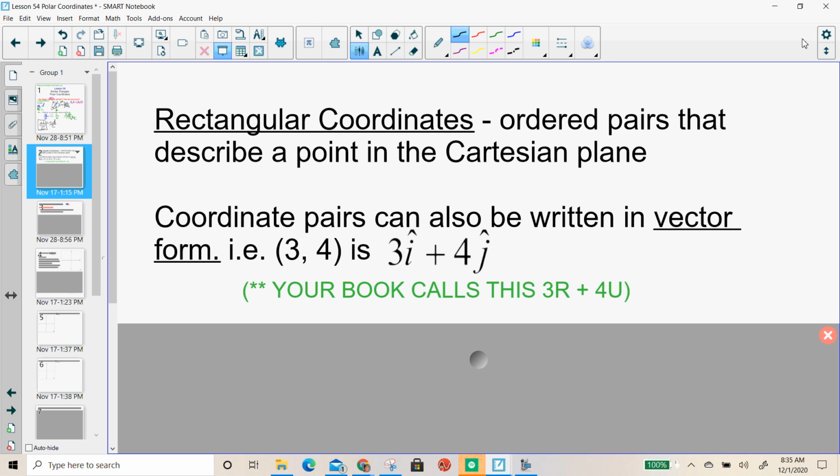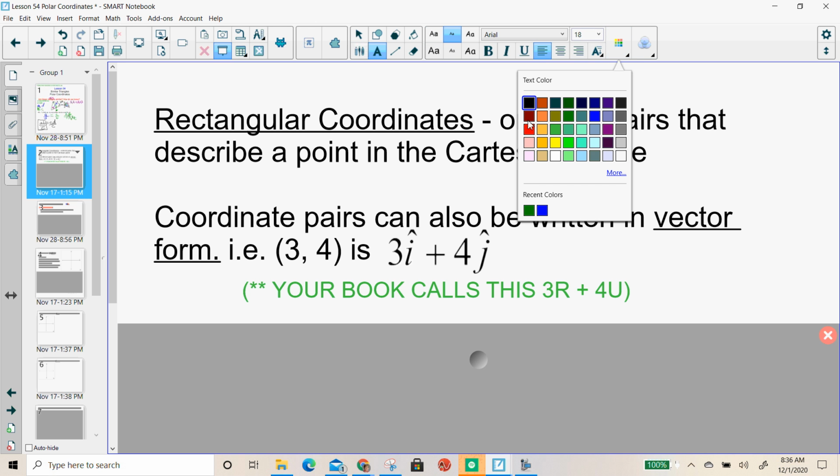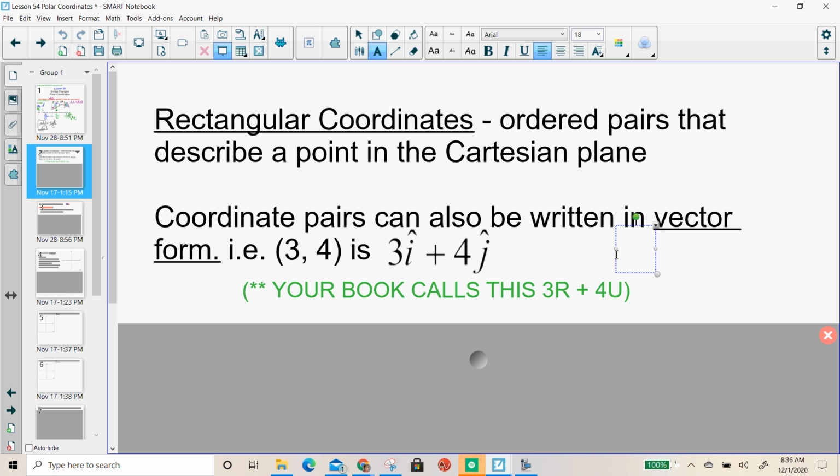Now your book is going to use R and U, and I am going to count it wrong if you use R and U. So just because the back of the book says R and U, I do not want you copying that down.